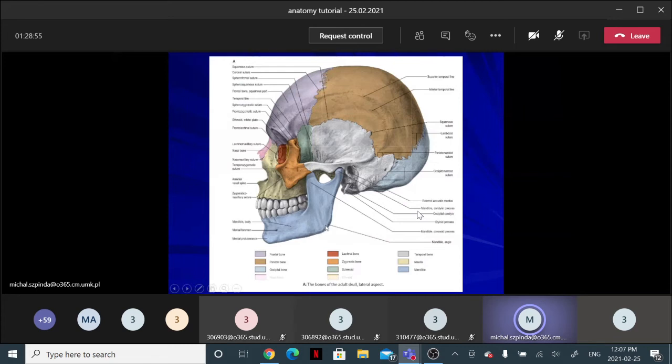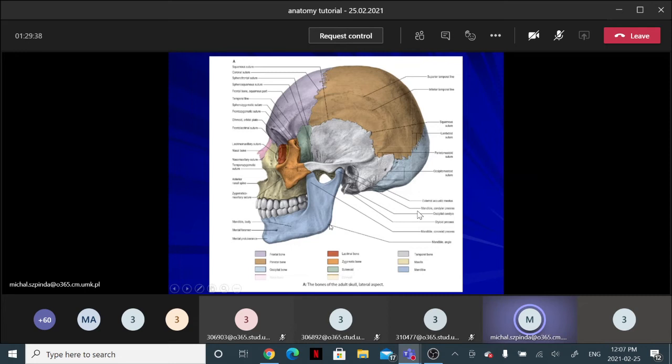The exterior of the mandibular angle is roughened by the masseteric tuberosity. Masseteric because here inserts the masseter muscle. Here you can see the anterior border of the mandibular ramus that passes here below the mental foramen to end in the mental tubercle.